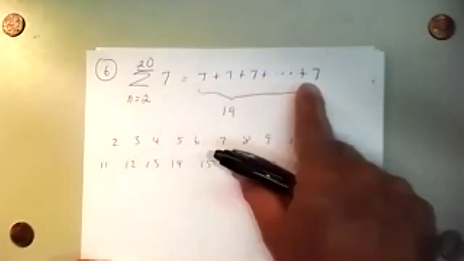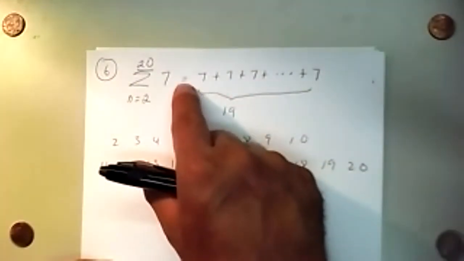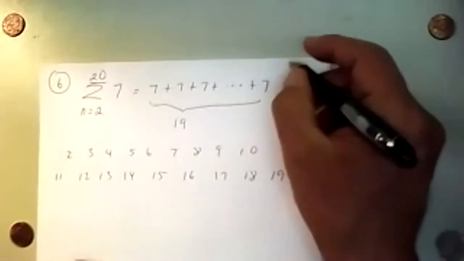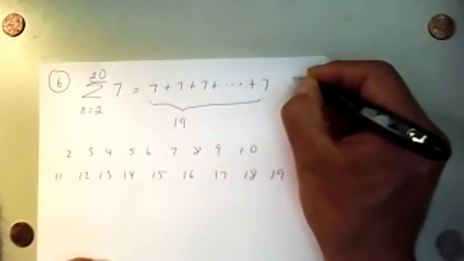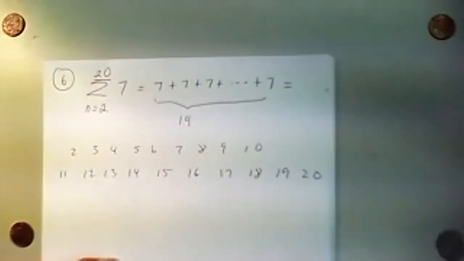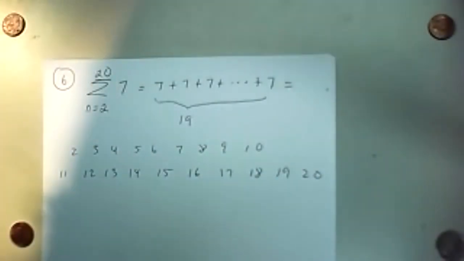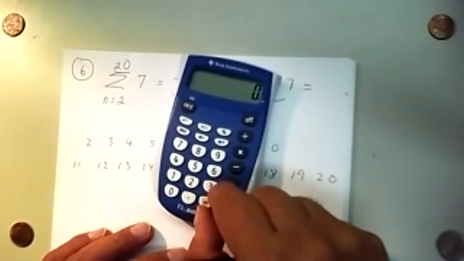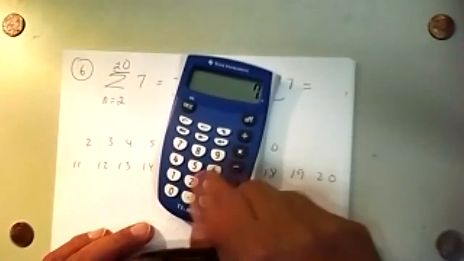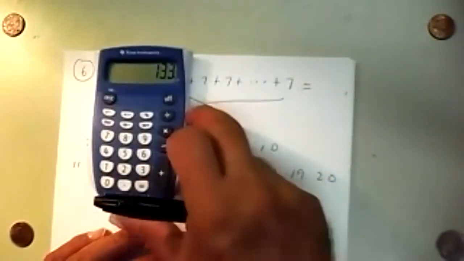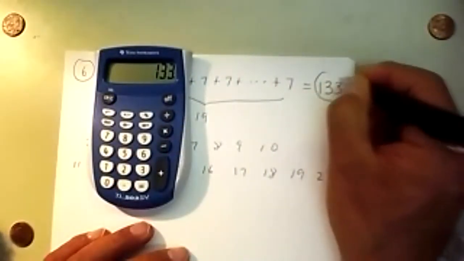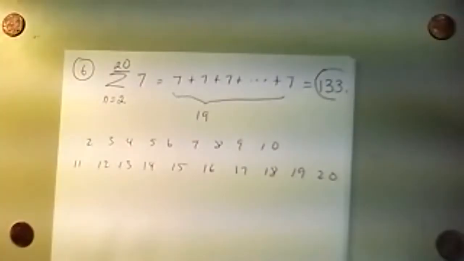So this sum is 7 plus 7 plus 7 plus 7, 19 times, which of course is 7 times 19. And I'm going to use one of these little calculators to multiply 7 times 19. 7 times 19 is 133. So that is our final answer, 133.